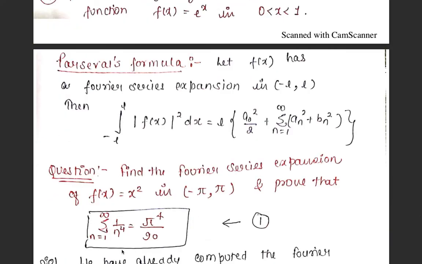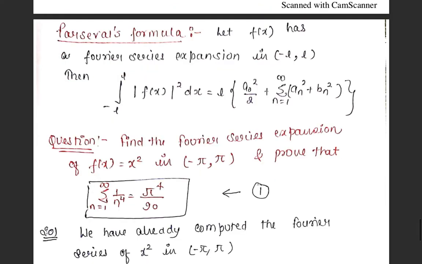Let us see one very interesting property in Fourier series, which is known as Parseval's formula.